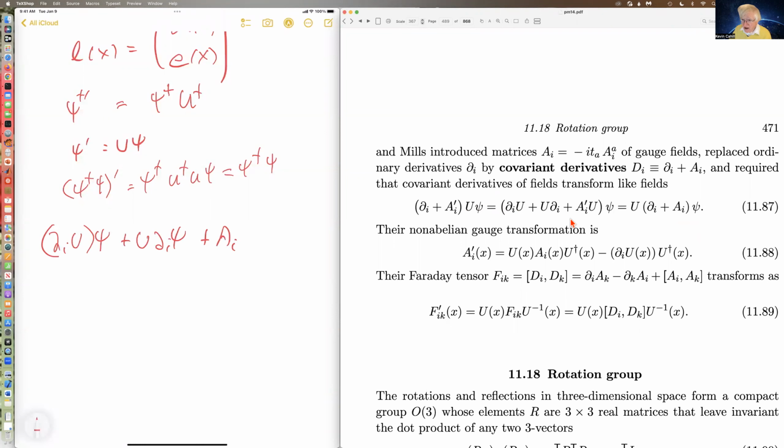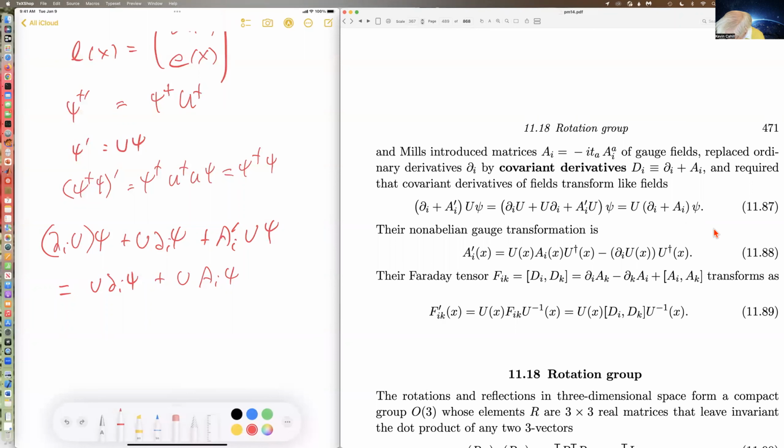Plus AI prime U psi has to equal this right-hand side, which is U di psi plus U AI psi. Okay, so there are going to be some cancellations here. So let's do the cancellations in green, so these two things cancel.